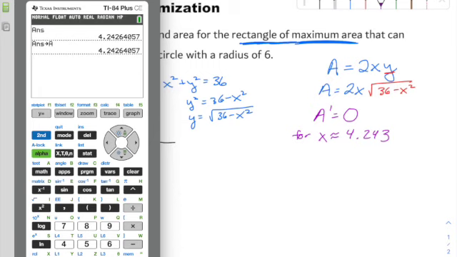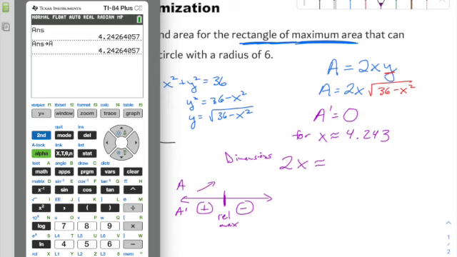So 2x is equal to... and keep in mind that we should be justifying that it was a relative maximum, because we saw on the graph, I don't have to do any checking, I saw that A prime changed from positive to negative, went from above to below, which tells me that the area was increasing up to that point and then decreasing, so we're good with that.